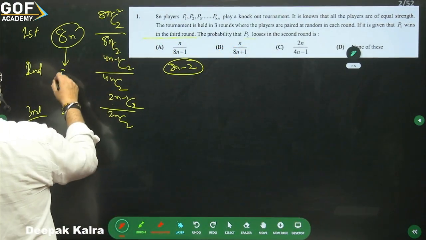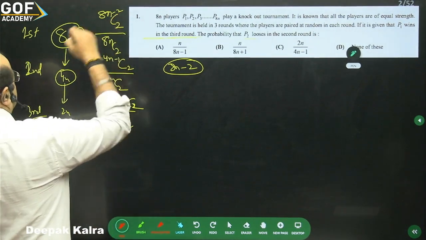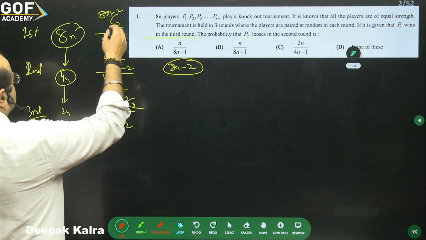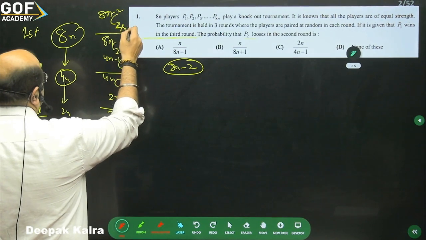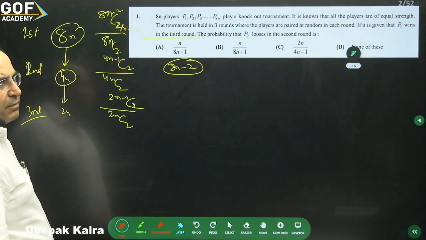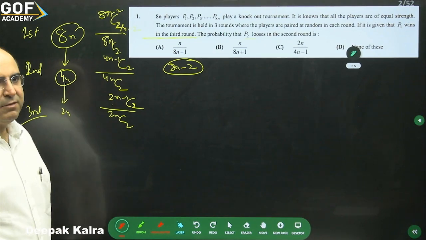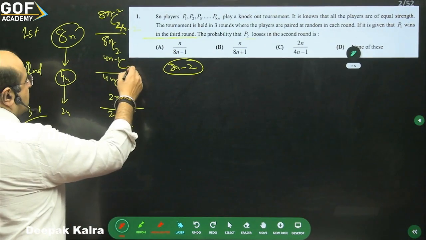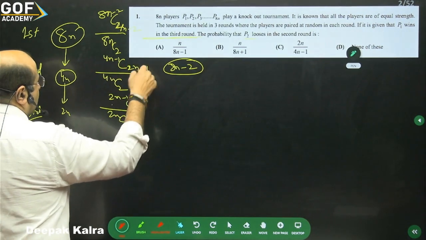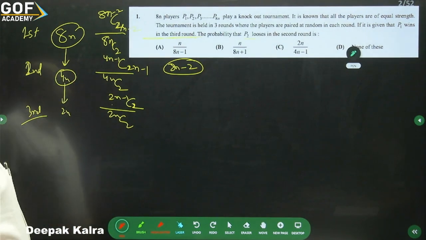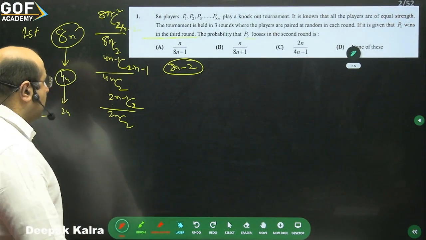See, when 4N people are being followed, the game would not be over there. It would be 4N minus 2, isn't it? That many people are to be selected now, and they will be going ahead. 2 left over. Then 4N minus 2, 2N minus 1, because P1 is already gone.